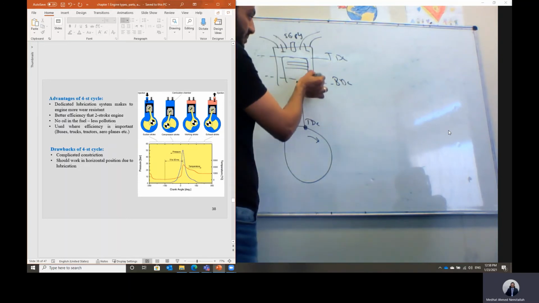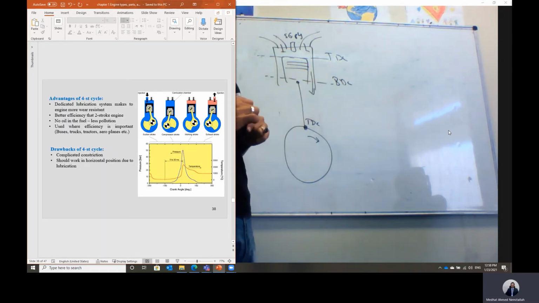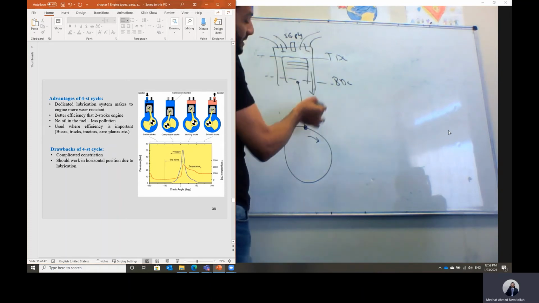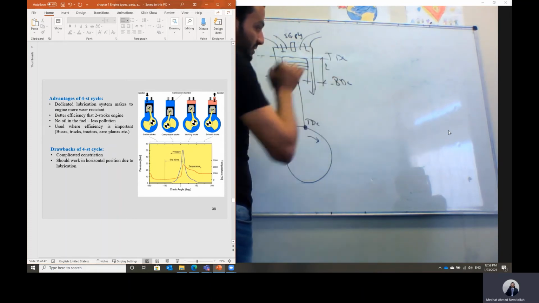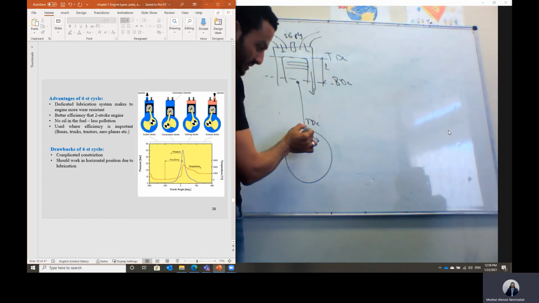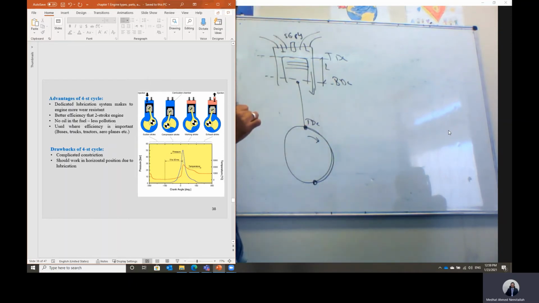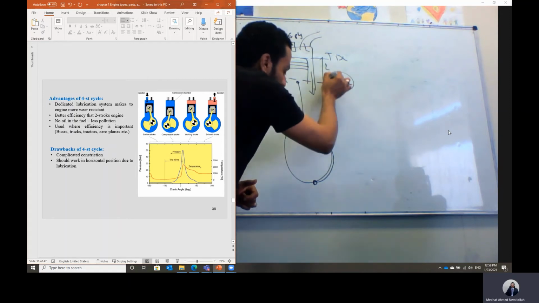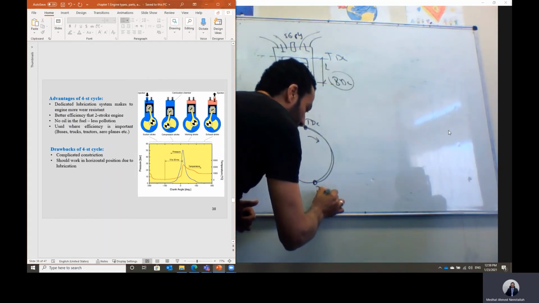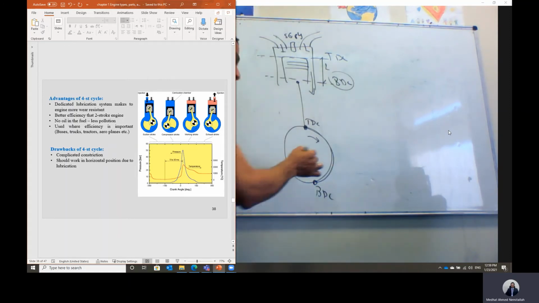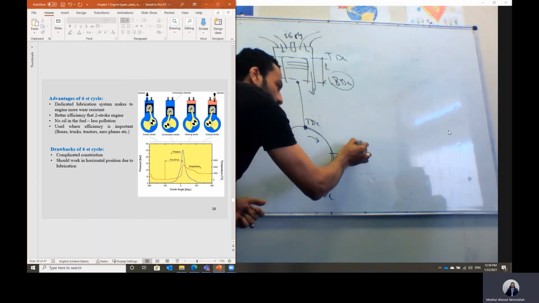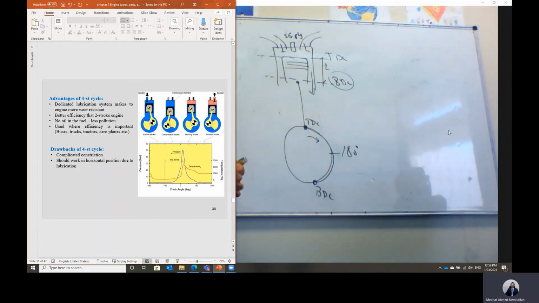When the piston starts moving down during the intake stroke, when it completes one stroke movement from the top dead center to the bottom dead center, the crankshaft will have rotated half a revolution until it reaches the bottom dead center. So here is the bottom dead center. Half a revolution means we have 180 degrees in this case.